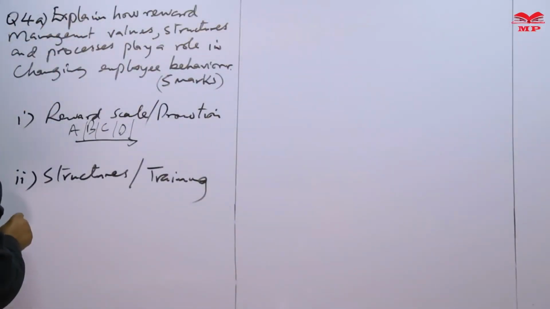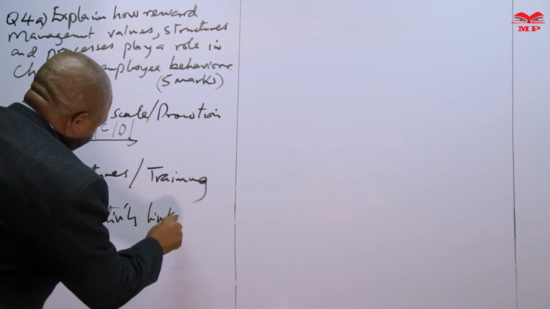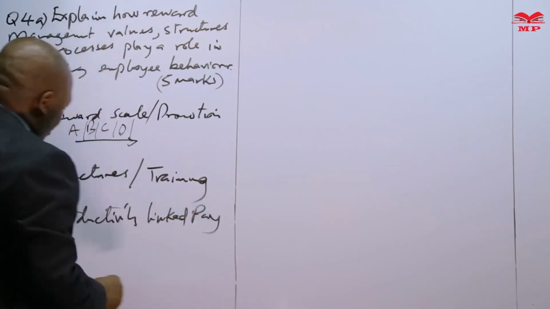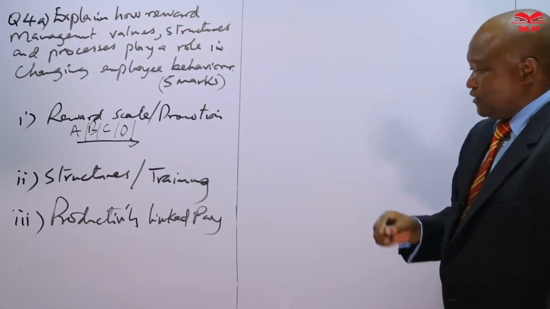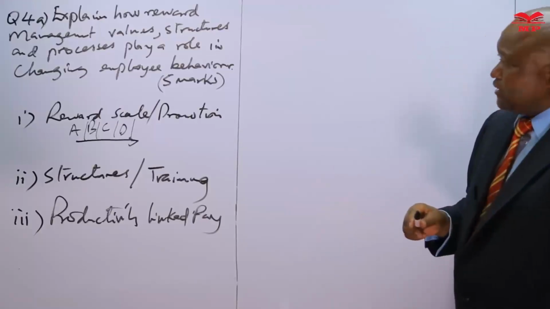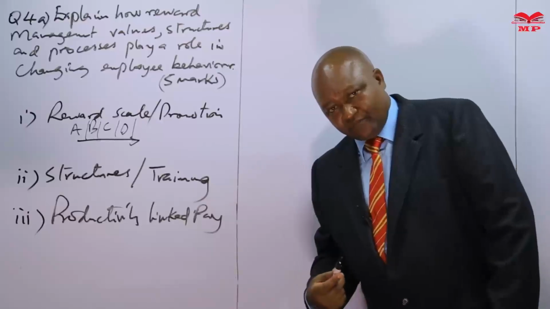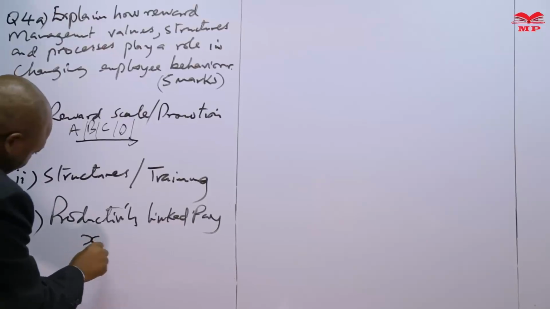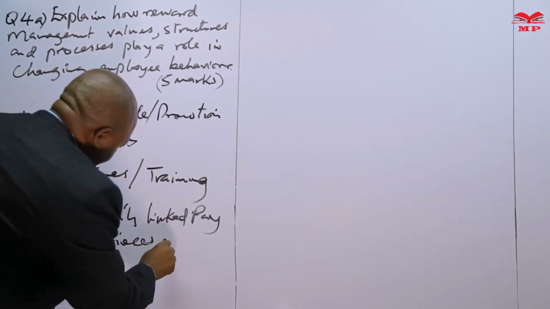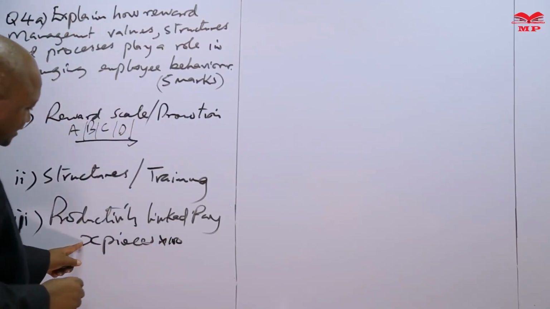Thirdly, productivity linked pay. Depending on the targets set in the performance management process, employees are rewarded based on their productivity. If an employee produces X pieces, multiply this by a rate of, let's say, 100.